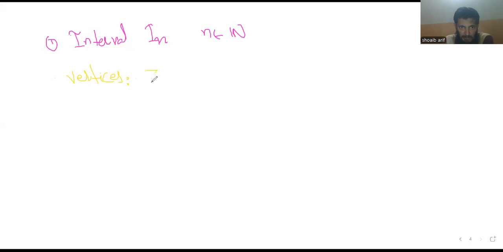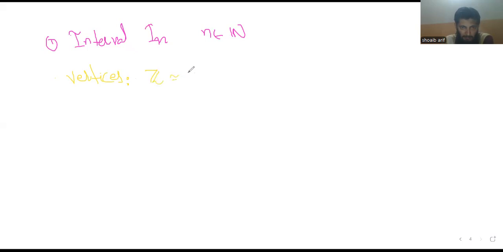So, some examples of graphs. First of all, the interval graph I_n, where n belongs to the natural numbers. Okay, so what type of graph is this? The vertex set is integers.